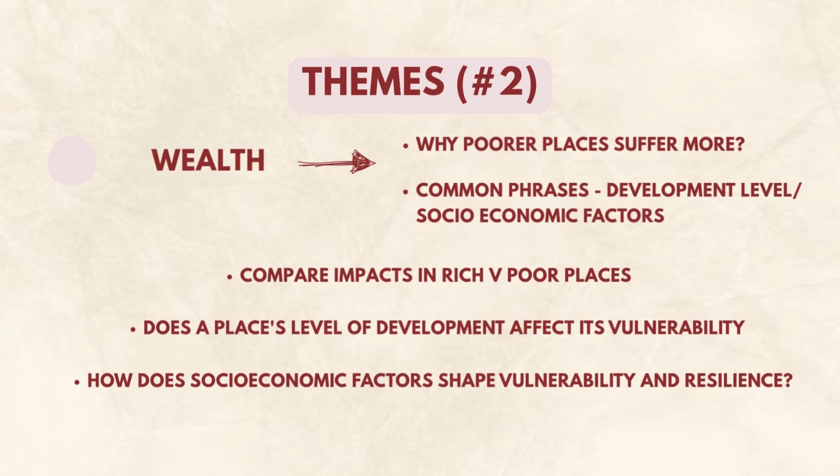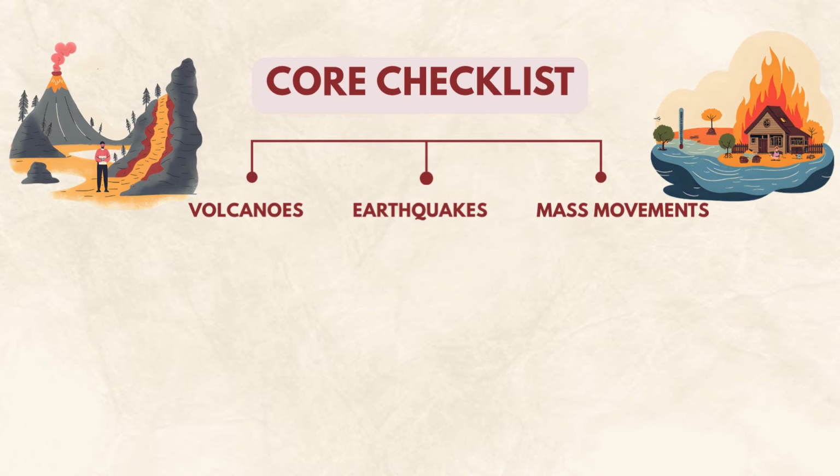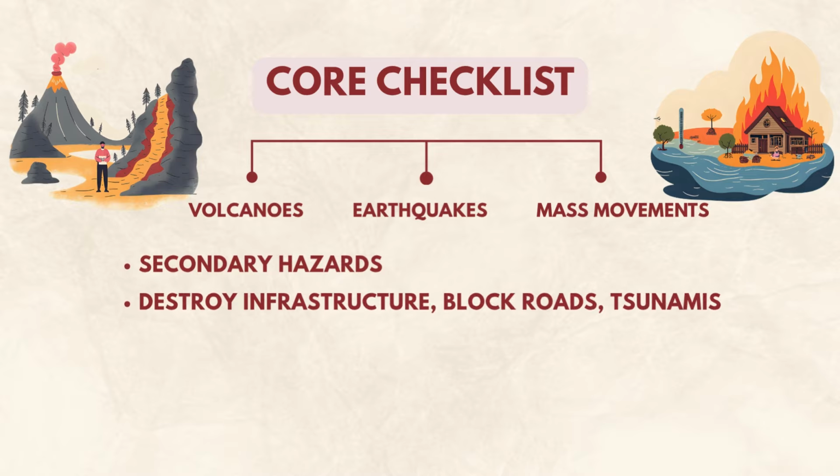Now moving on to the actual core content. Here's the TLDR version, or quick overview before we dive in. Main hazards are volcanoes, earthquakes, and mass movements. But these disasters don't end with just ground shaking or lava flows. Key to note are the secondary hazards that follow closely behind and can sometimes be more destructive than the primary ones.